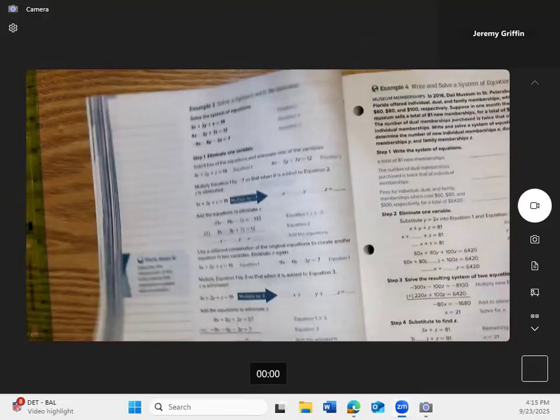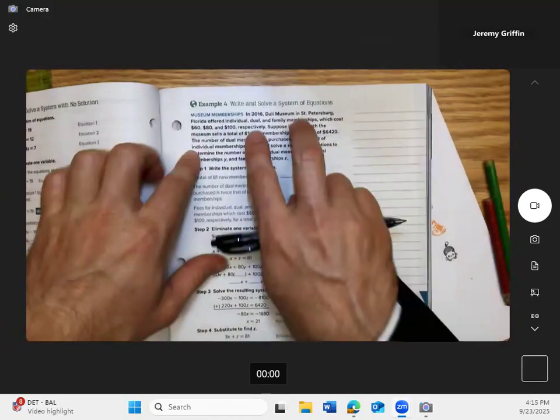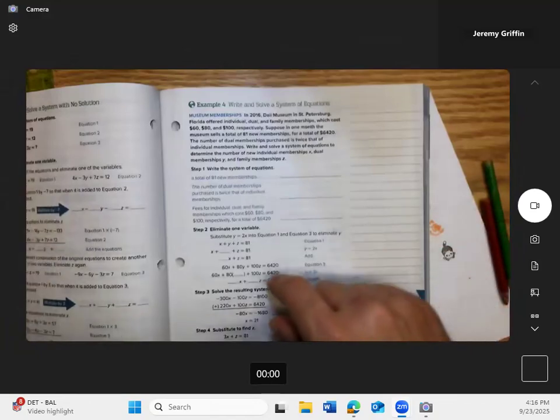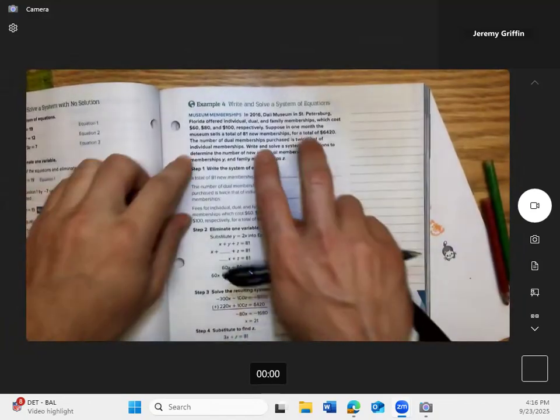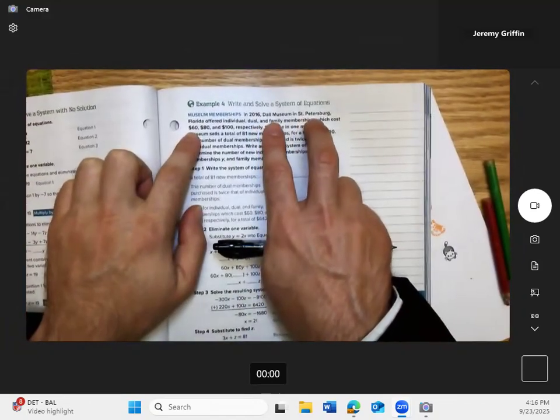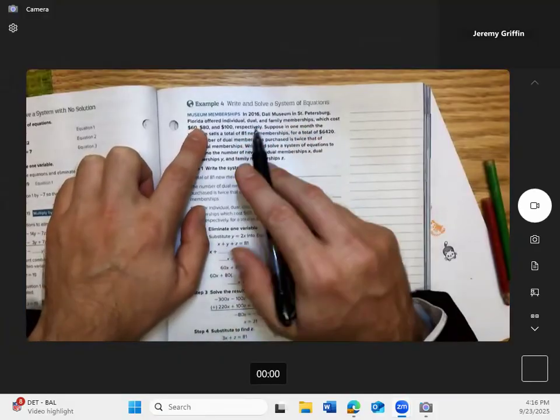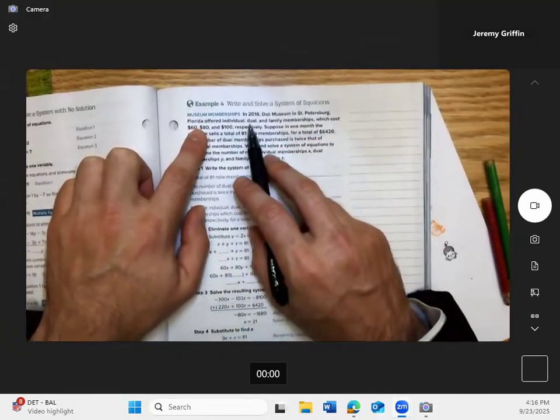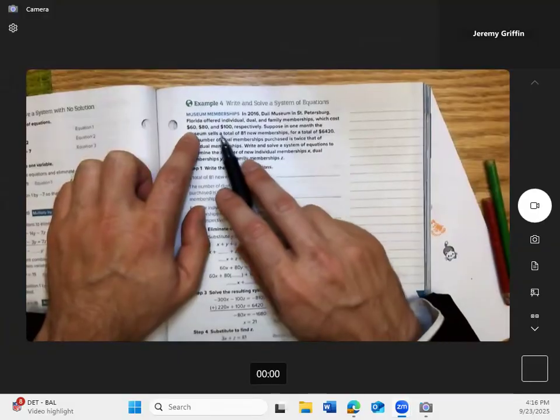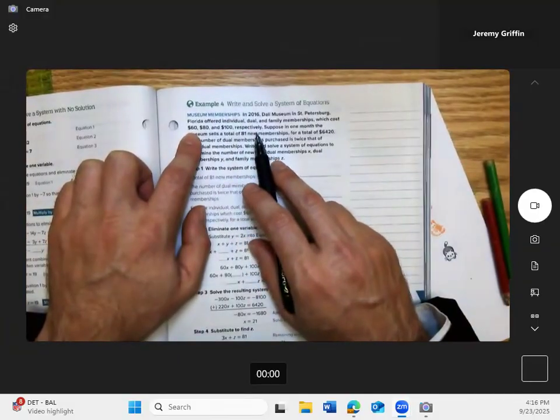And then in their example 4, they give you a word puzzle. So let's look at this, big picture, and how this could work out. We've got the Dali Museum in St. Petersburg, Florida, which offered individual, dual, and family memberships, costing $60, $80, and $100 respectively.